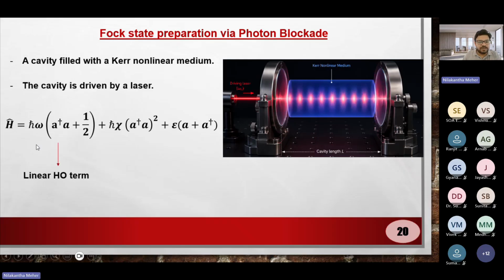The first term is nothing but the harmonic oscillator Hamiltonian, the linear term, and the second term is the Kerr nonlinear term, that is a dagger whole square, essentially intensity dependent, and this chi is the Kerr strength. And of course, this is the driving term that I already discussed, that is epsilon times a plus a dagger.